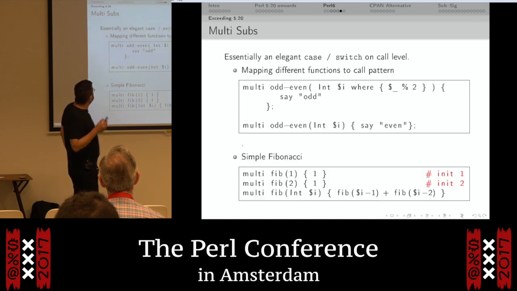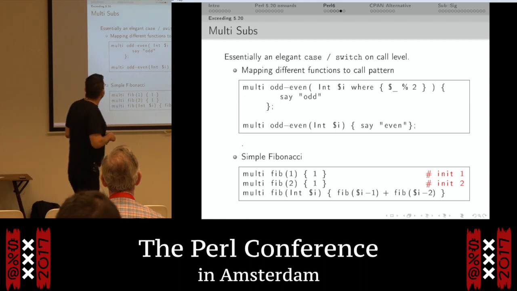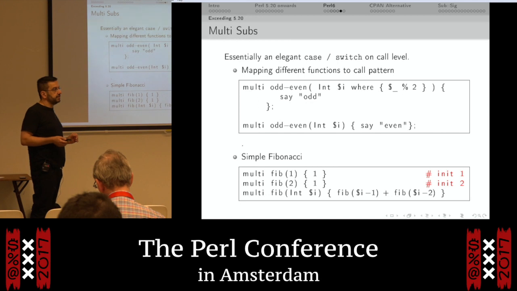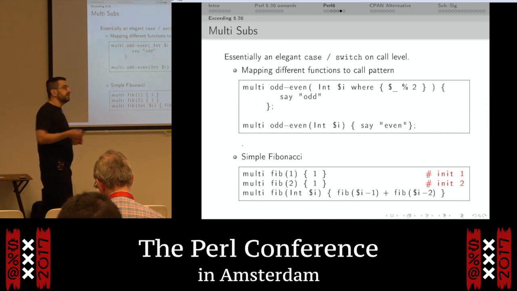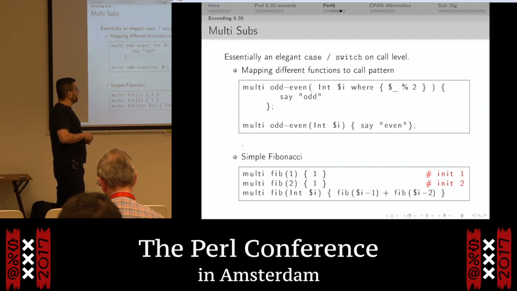Further on, Perl6 has multi-subs, which is also a very nice feature, which is essentially an elegant case switch on call level. This means you pass different styles of argument to a function, and depending on the pattern of these arguments, other function bodies should be executed.